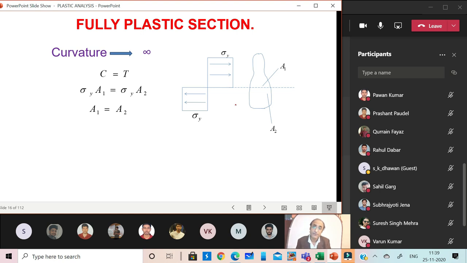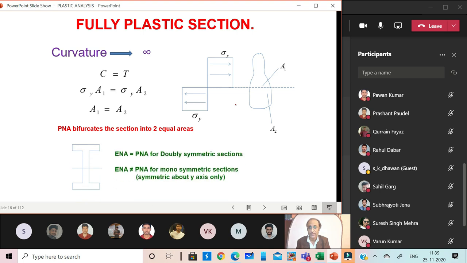This is different from the elastic neutral axis, where we used the first moment of the areas to get its location. Here the location is defined by the fact that the compression and tension areas are equal. Basically, the plastic neutral axis divides the section into two equal areas.